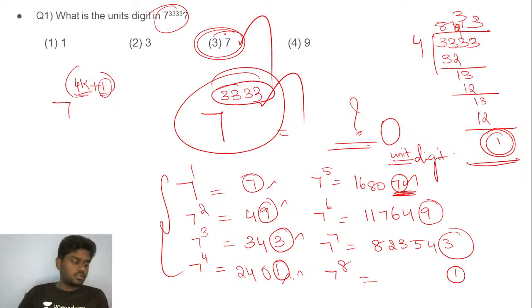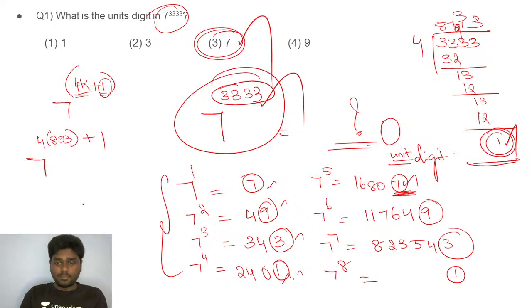That is, you have divided this 3,333 by 4. By doing so, you have got the remainder to be 1. So what you can simply write here is, this 3,333, I can write it as 7 power 4 into 833 plus 1.